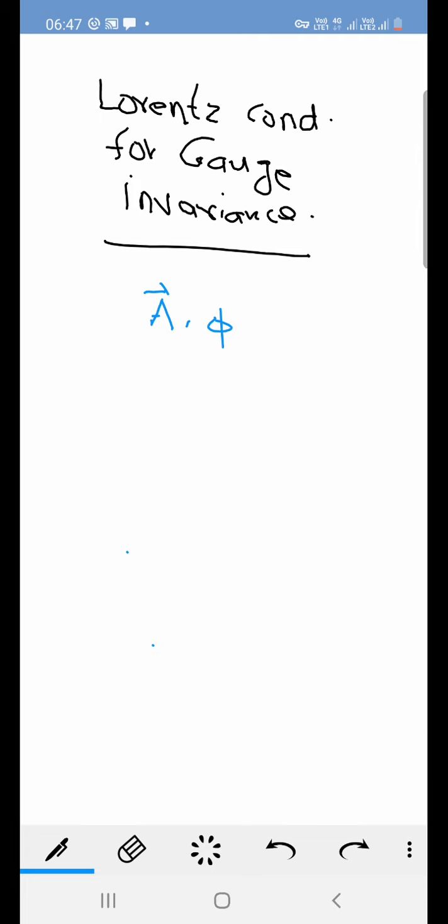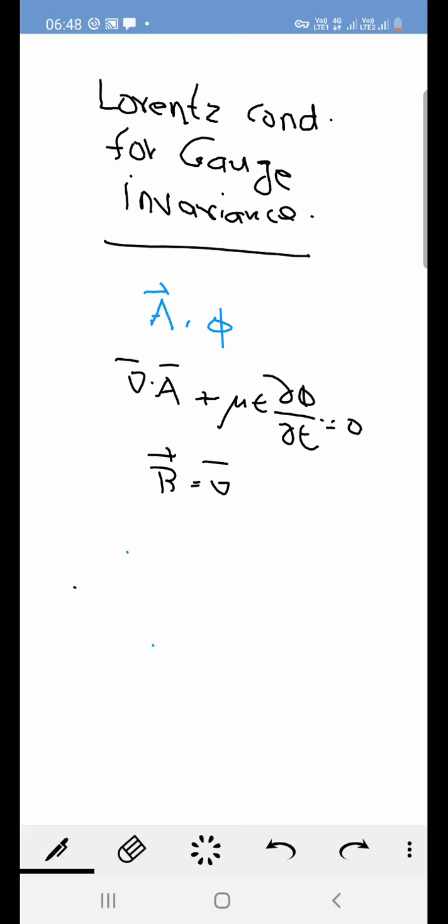We can write that del dot A plus mu epsilon del phi by del t is equal to 0, and B is equal to del cross A.